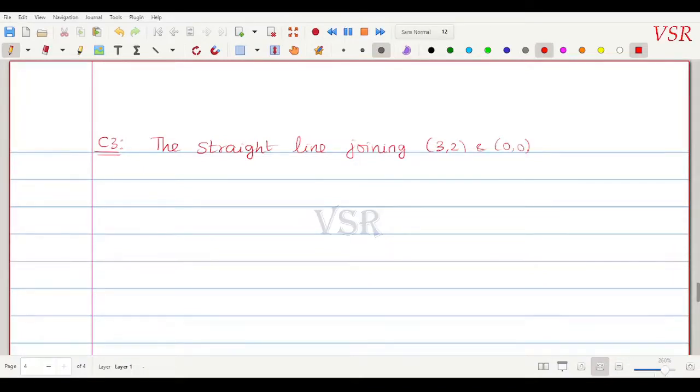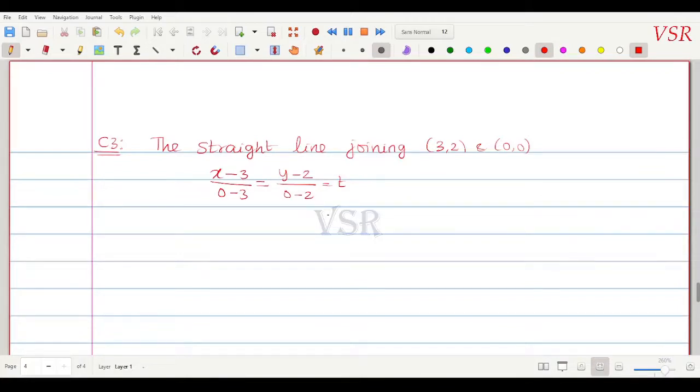I am going to calculate its equation. So we have (x minus 3) divided by (0 minus 3), equal to (y minus 2) divided by (0 minus 2), which is equal to t.